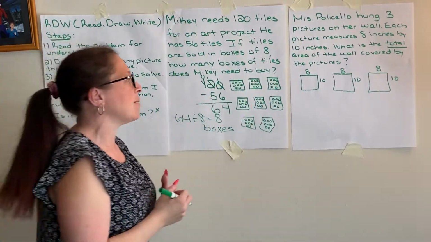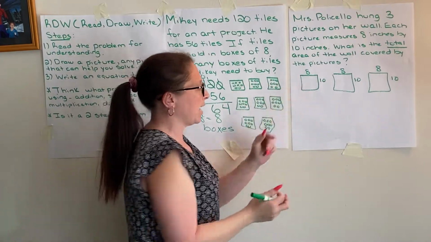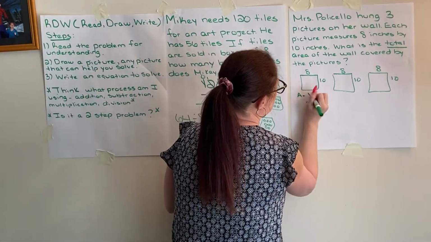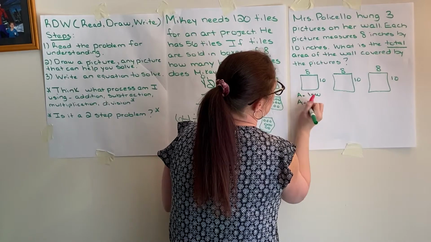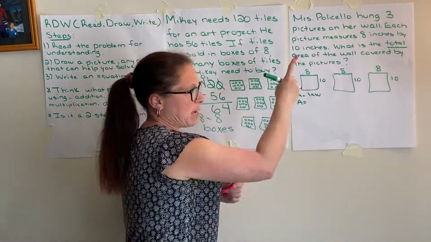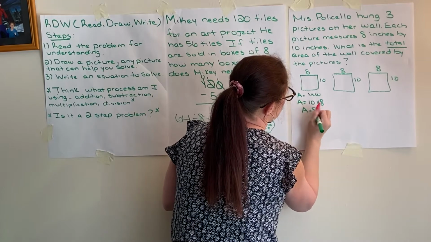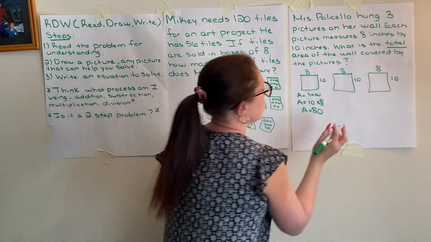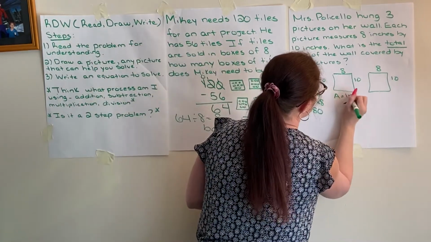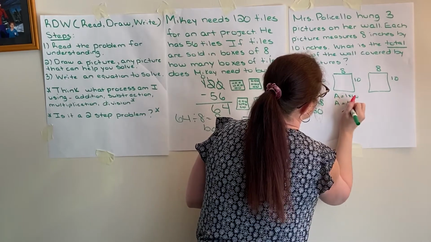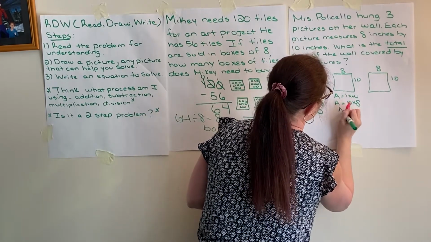Area is length times width. So we can multiply each of these together. So I'm multiplying my length, right? Don't forget my length is up and down. And times 8. Okay? So each one we know is going to be 80.